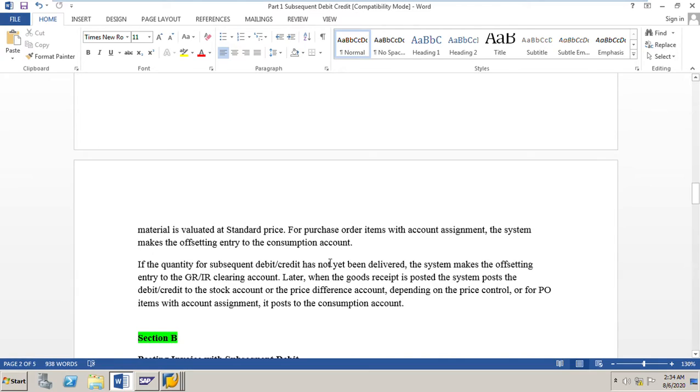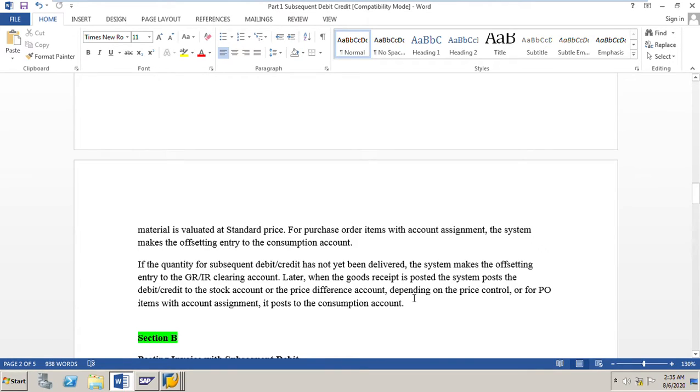What I mean to say is, if the quantity of the material for which we are going to post a subsequent debit or credit has not yet been received, then whatever amount we post for the subsequent debit or credit is updated to the GRAR clearing account. This is the case when the material is not yet received. Then later when the GR is posted, the system posts the debit or credit to the stock account or the price difference account depending on the price control.